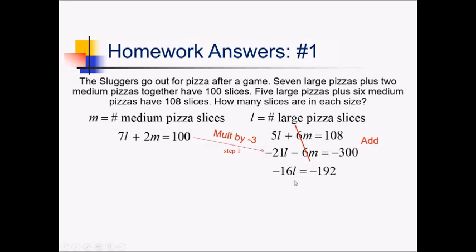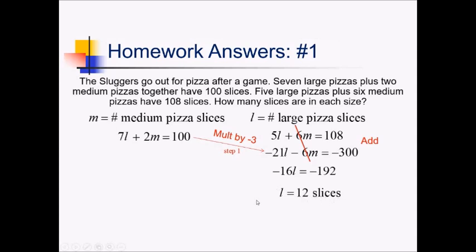And you might want to use a calculator to divide both sides by negative 16, or you could reason it out a little bit. 160 divided by 16 would be 10, and this is 32 greater than that, so it's going to be 2 greater for the answer. So calculator or not, you end up with 12 for the value of L, so that's 12 slices in a large pizza, which seems reasonable in real-life terms.